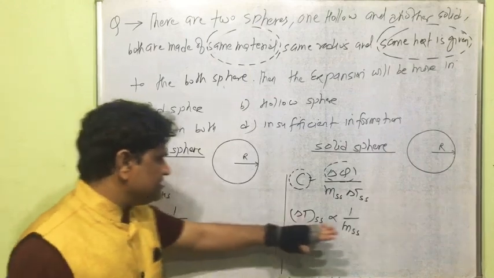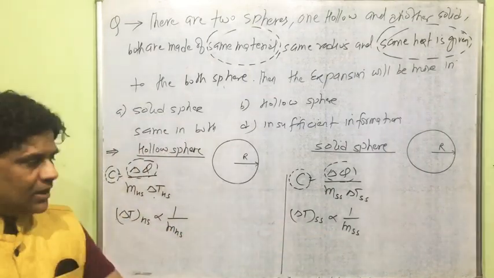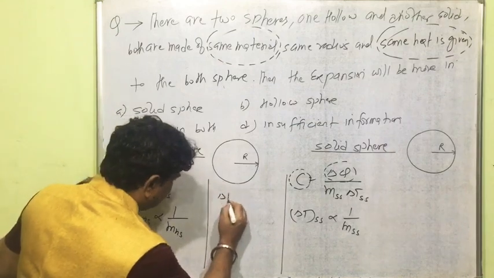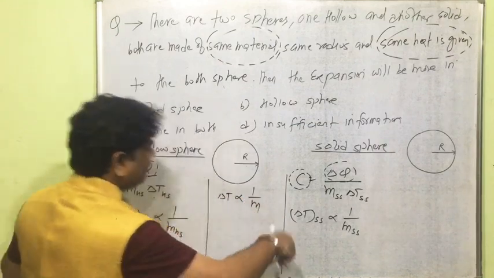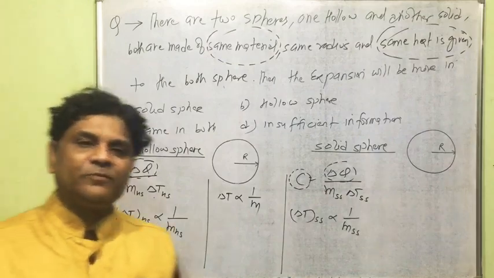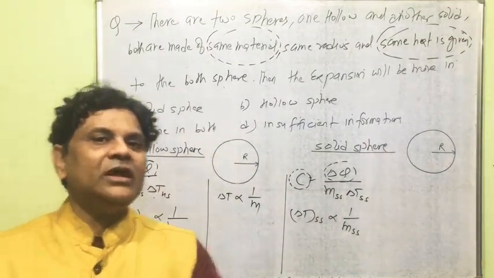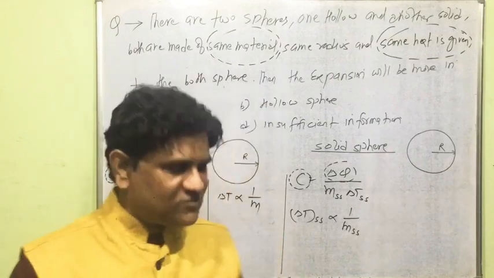With the help of these two relations, it is clear that delta T is inversely proportional to mass. And we know that the mass of the solid sphere is more than the mass of the hollow sphere.